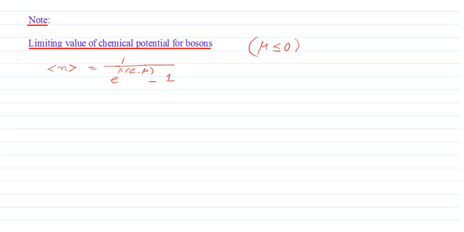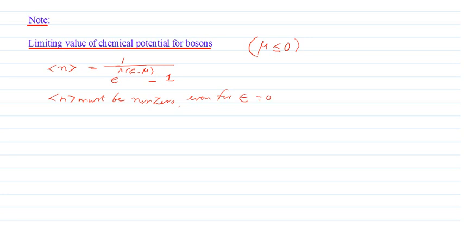So how do we get this particular expression? You can just rearrange the mean occupation number equation. You know that this n must be non-zero, even for e equal to 0.